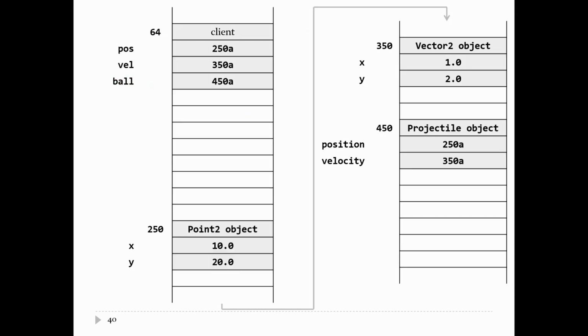So what happens in memory is the following. The caller has a reference to a point and a vector. And then they make a projectile object. That projectile object has a reference to that point, and it has a reference to that vector.